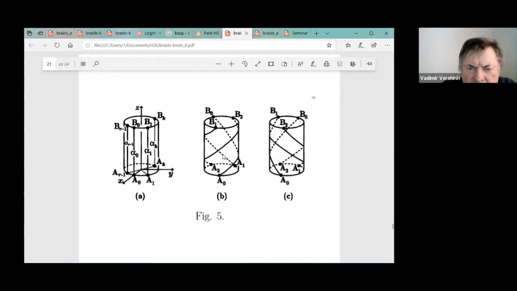Say A1 is going around the cylinder and goes to B1, right? A0 goes to this direction, and A2 goes to B2. Now you glue this and this.